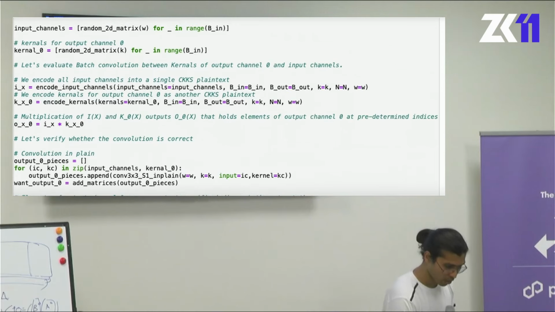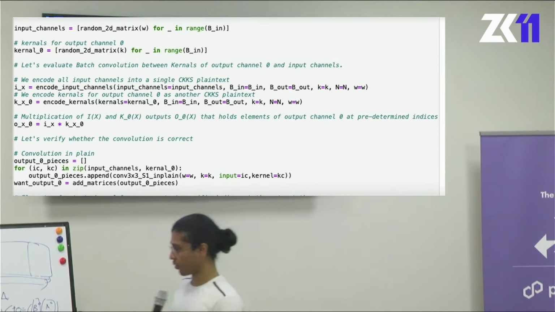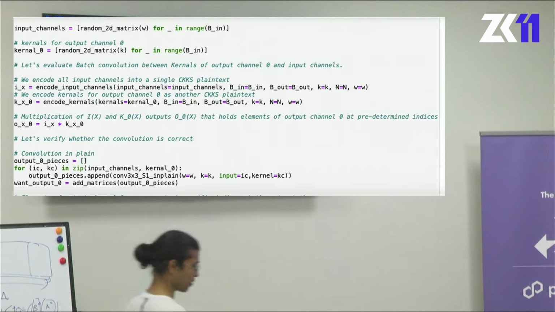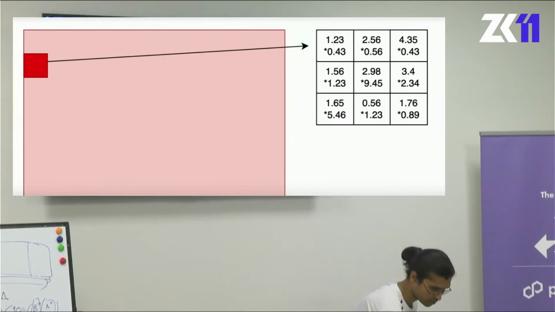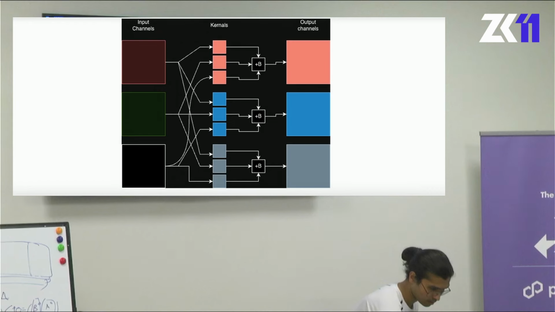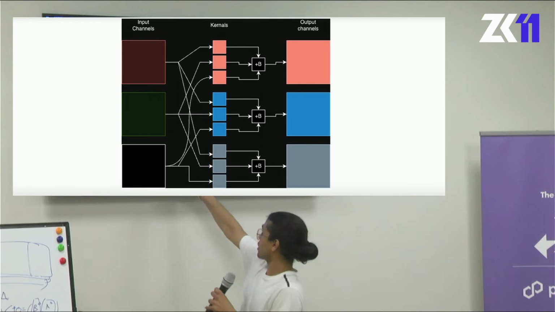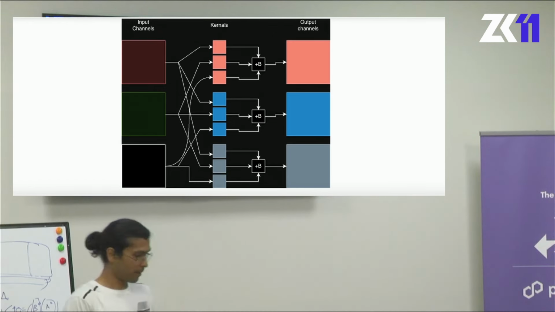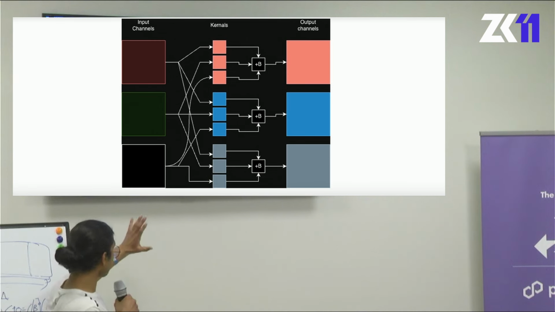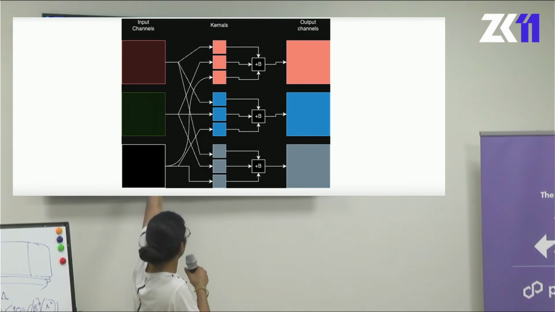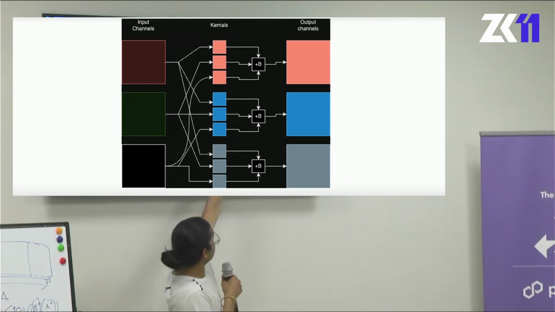Okay, so over here what I've done is that it turns out you can do this convolution operation that I was mentioning before. You have input channels, you have kernels. When I say batch convolution, what I mean is that we perform a convolution operation for all the kernels for a specific output channel.